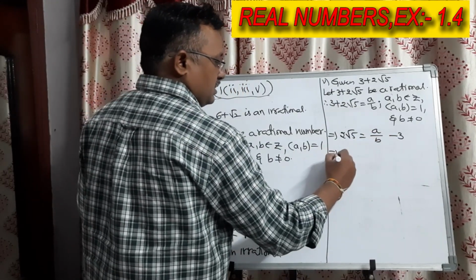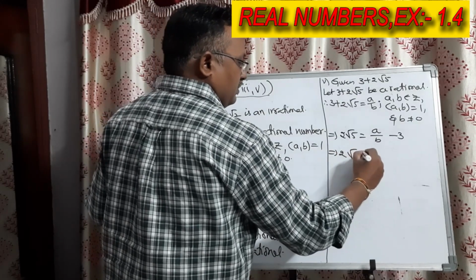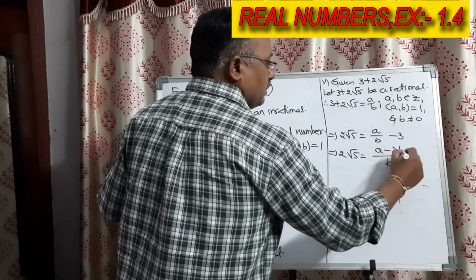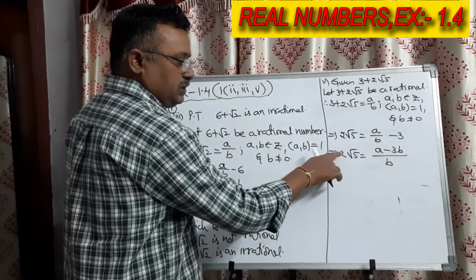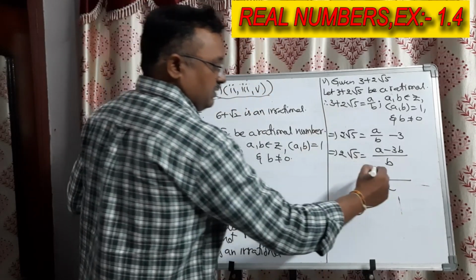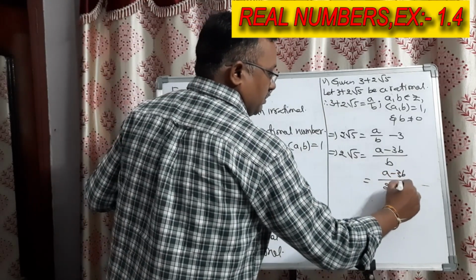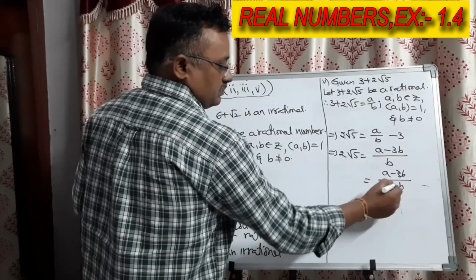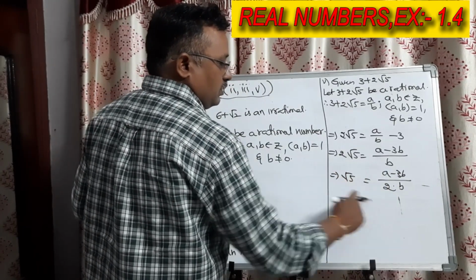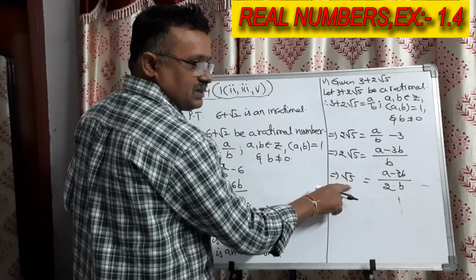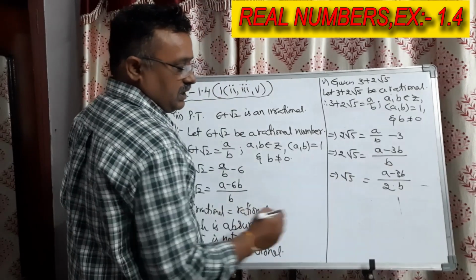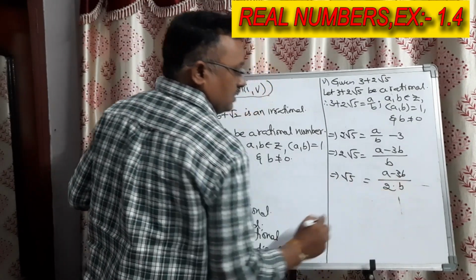To simplify, 2 into root 5 is equal to, taking LCM b, a minus 3b. If you send 2 to the other side, it comes in the denominator, a minus 3b by b. So who is remaining here? Root 5. If 2 goes to the other side, root 5 is remaining. This is the right side term we can write.